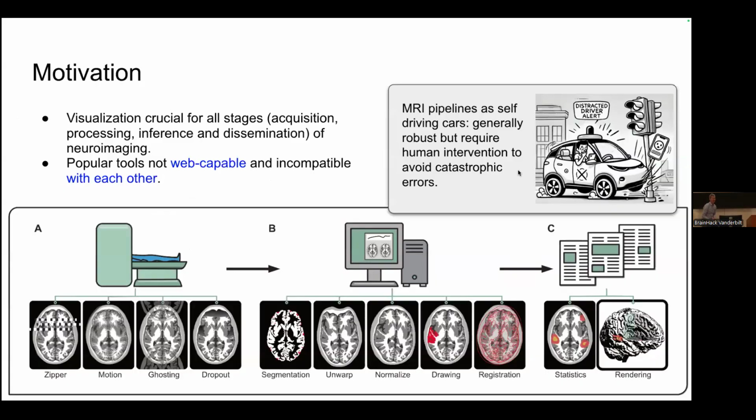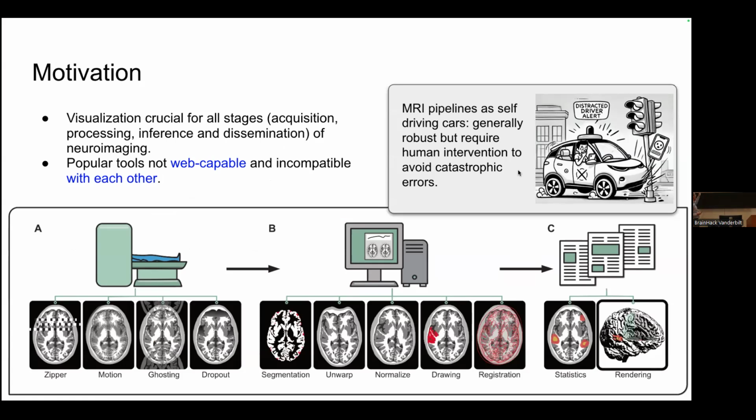Okay. So I want to talk about our new tool that's really designed to look at visualization of brain imaging. And if you think about it, it doesn't matter where you are in the stack of brain imaging. I think the key is in the term neuroimaging, that images are key to it.